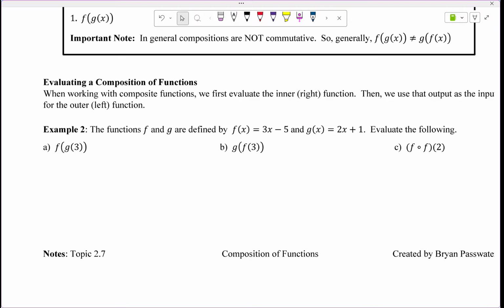It's 18. 16. So what do we have to do? 9 minus 5. Yeah, 16. No, 3 times 2. G of 4. 8. 9.